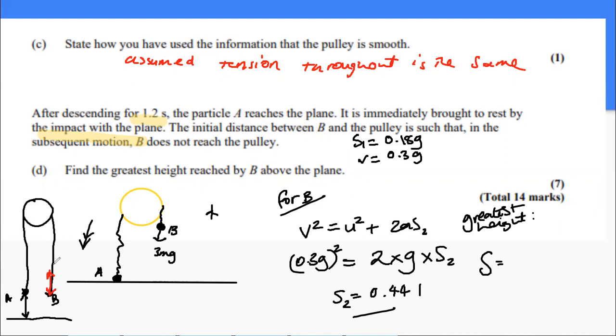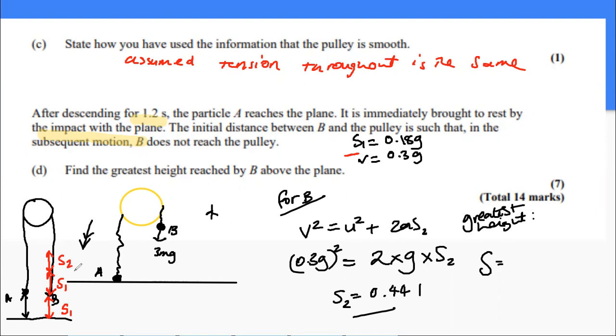But it will also travel up a little bit longer because of the impact with which A hits the ground. It means that B is forced to move up a little bit more, just from that impact. You also need to remember that it's already above the ground, and that's going to be S1. So it's S1 above the ground, and then it's going to travel another S1 because of A. And then there's this little bit here that it travels, which is S2, okay?